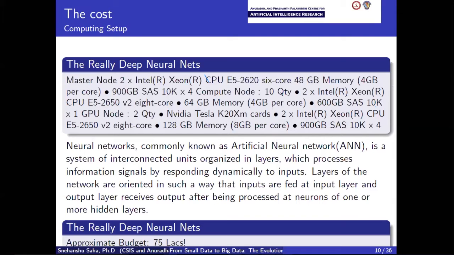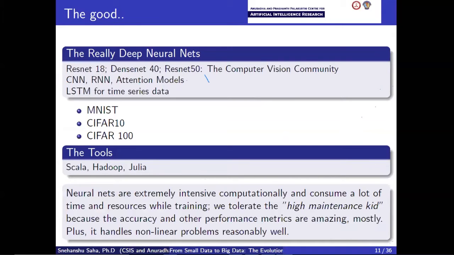So the budget is approximately 75 lakhs, and this is not really an extremely high-end, high-performance computing setup. This is something that we can use to get by. If it's really large data scale, then this is something that we cannot completely rely on. We have to go and seek the services of Amazon Web Services or Google Cloud and so on and so forth.